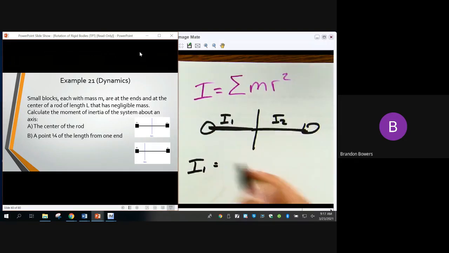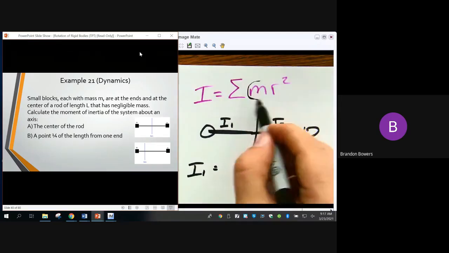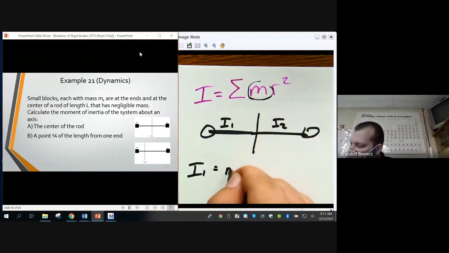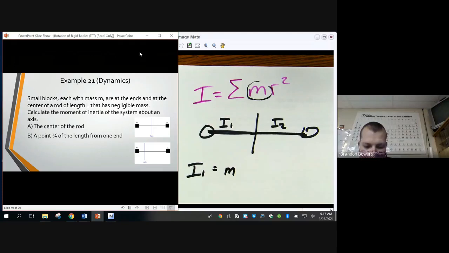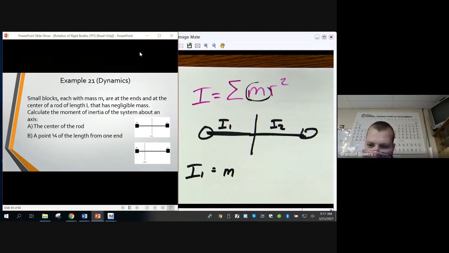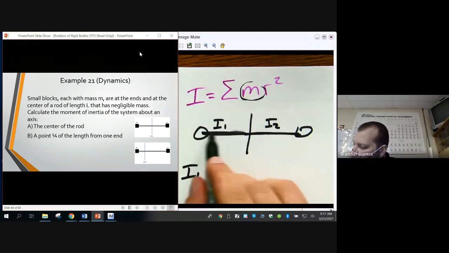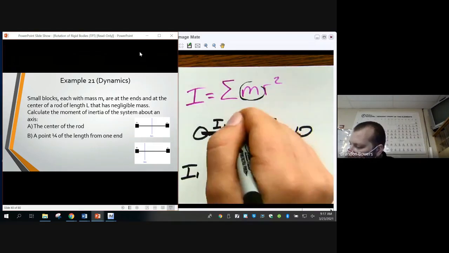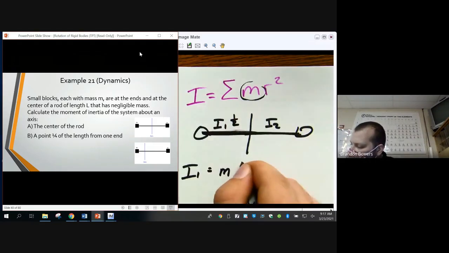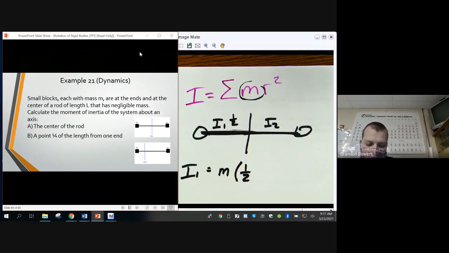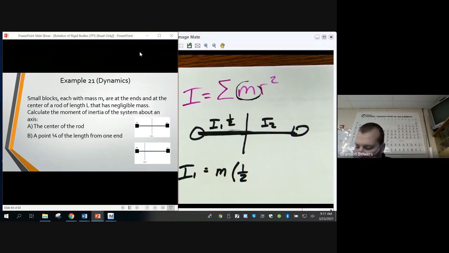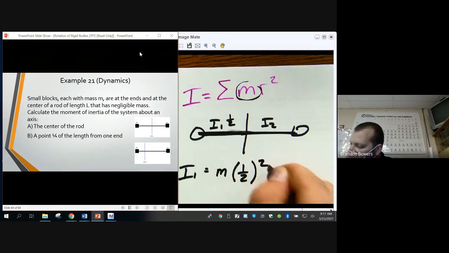So the first inertia, all right, so remember, it's mass times r squared. So mass. And then here, since it's directly in the middle, we're just going to have half of half the length squared.